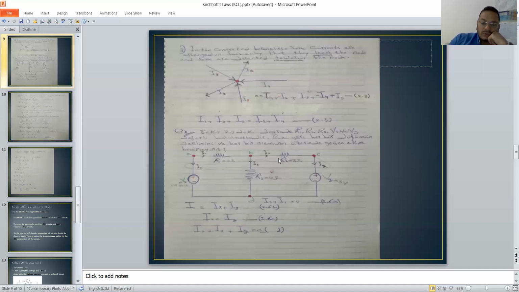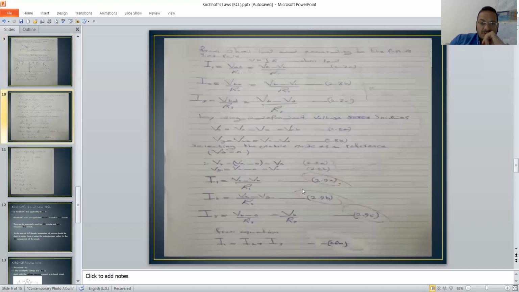And here we put the summation: all of these three currents equal 0. IS plus I2 plus IJ equals 0.